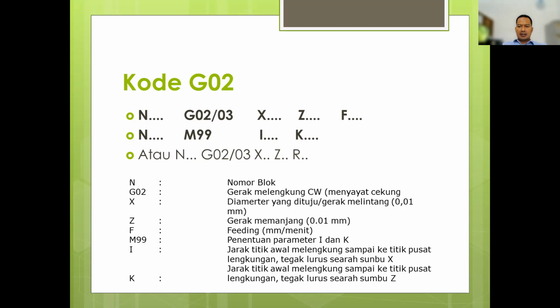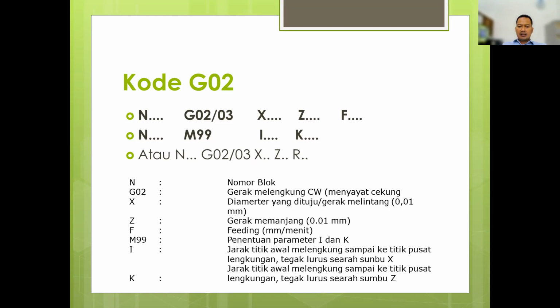X is the diameter, the final diameter, and Z is the linear movement on the horizontal distance. F is the feed in millimeter per minute, and M99 is the code for the I and K parameters.